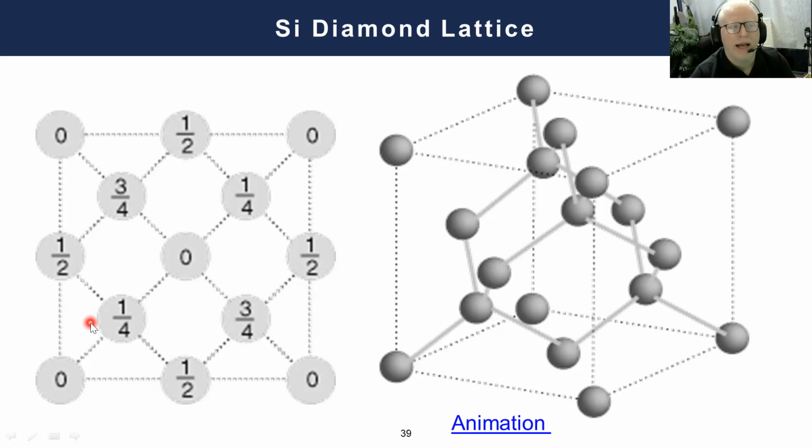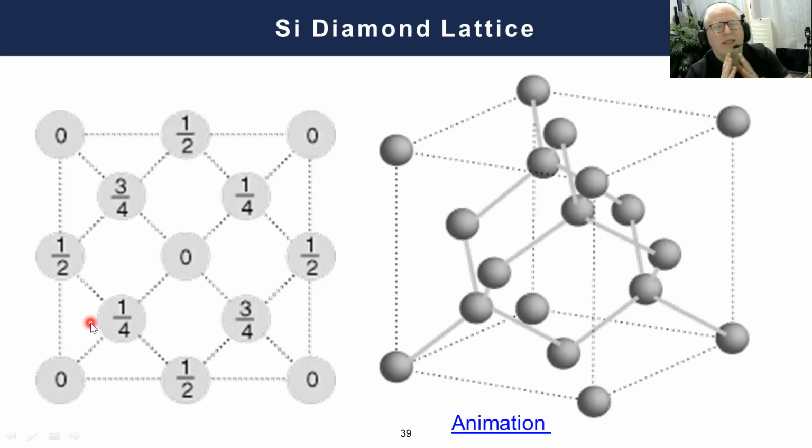I mean, it has 4 electrons in its outermost energy level. In order to reach a stable state, a silicon atom has to form covalent bonds. It has 4 electrons in its outermost energy level, and then it shares 4 more electrons from 4 neighbors, so that the energy level is satisfied with 8 electrons.